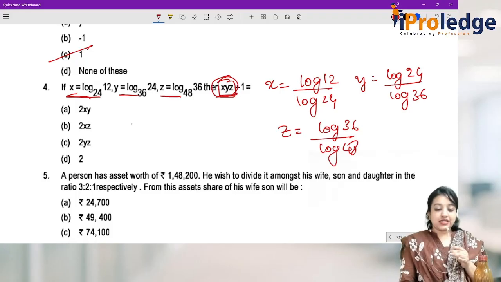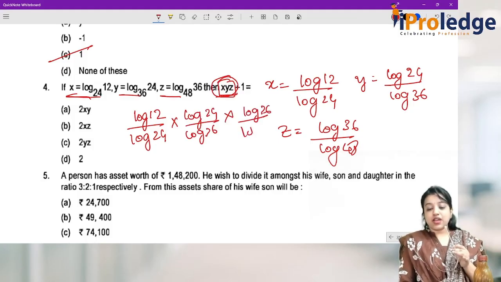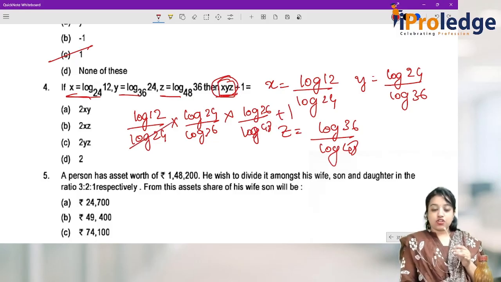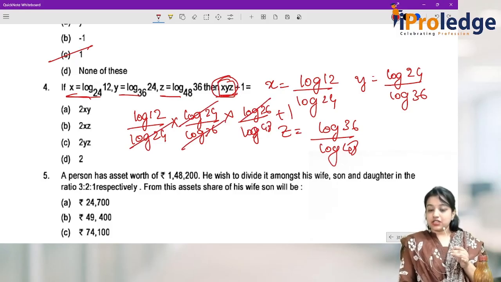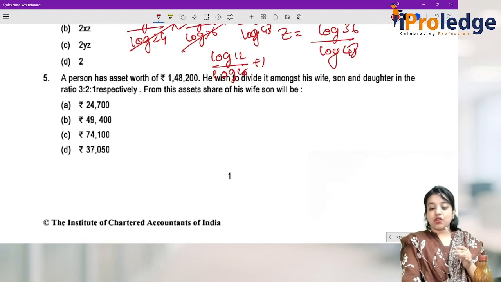Log 24, log 24, log 36, log 36 cancel, and the remaining is log 12 by log 48, plus 1.